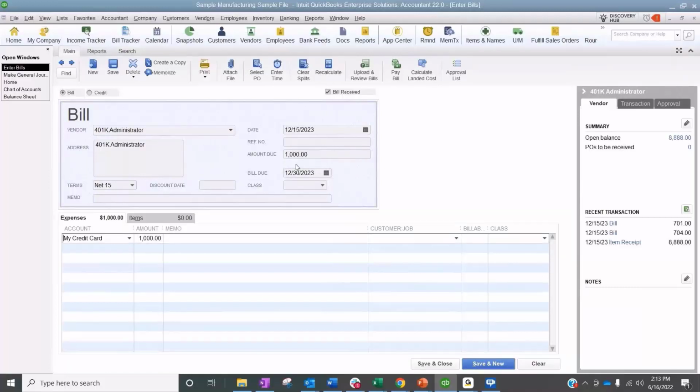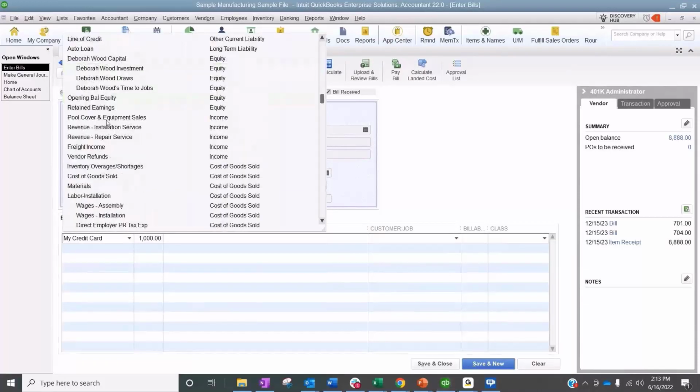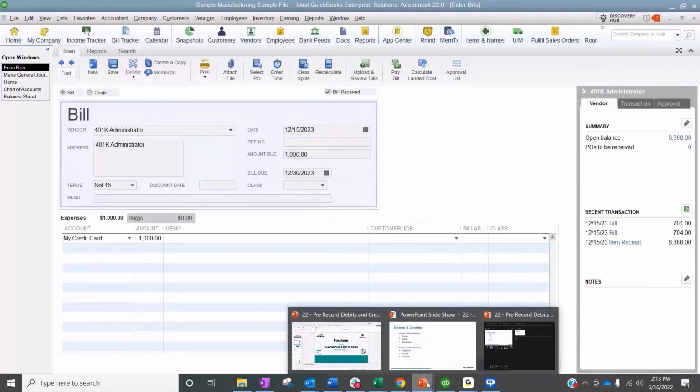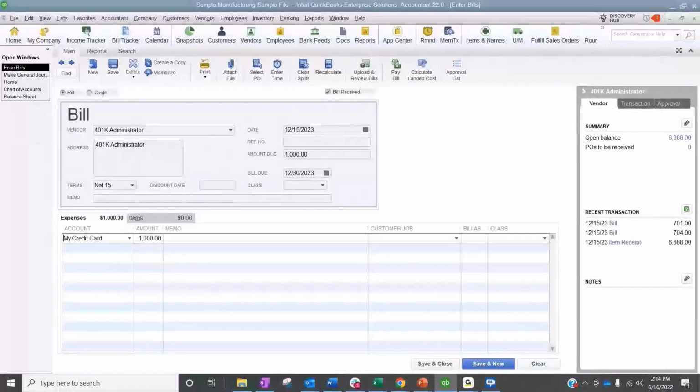Some other examples that you might see is maybe you have to put in a bill because you're refunding someone money. So income has a natural credit balance, just like liability. If I want income to go up, then I have to make sure that it is being credited. Now in this case, I need my accounts payable to go up because I owe somebody money.